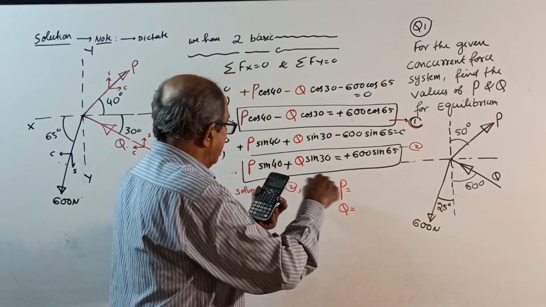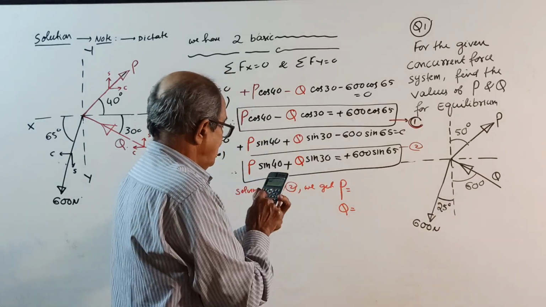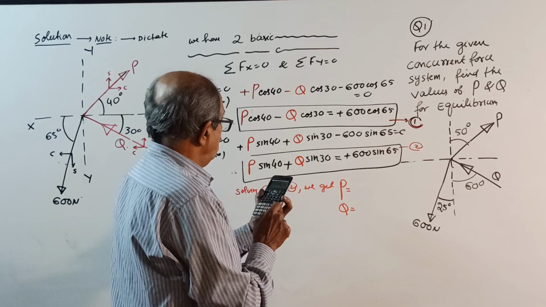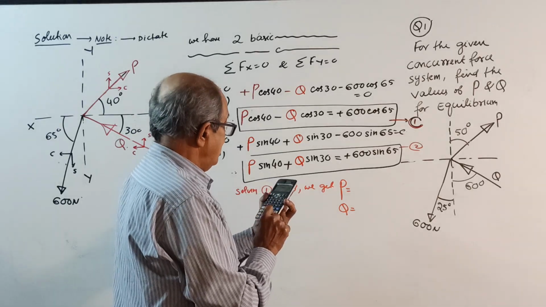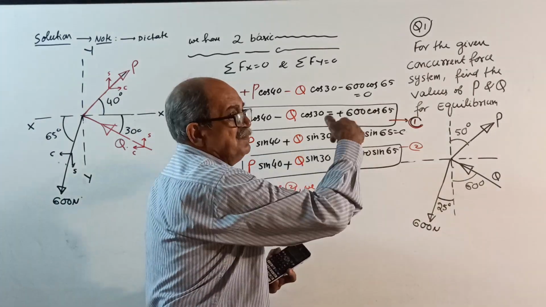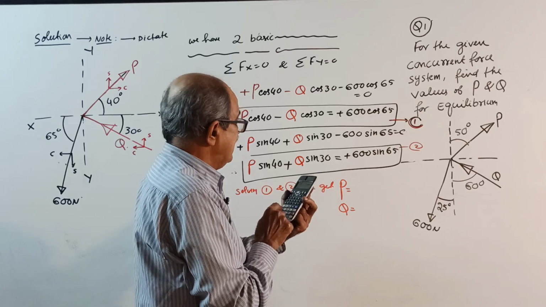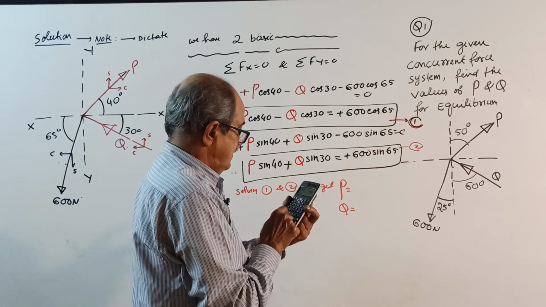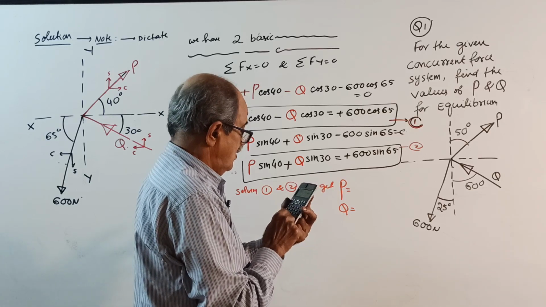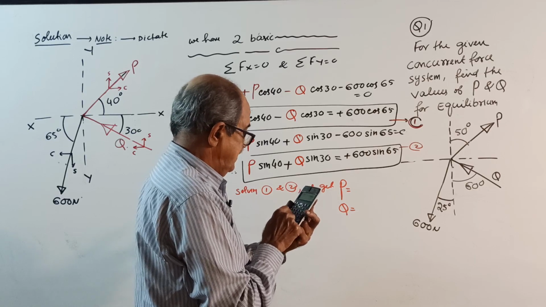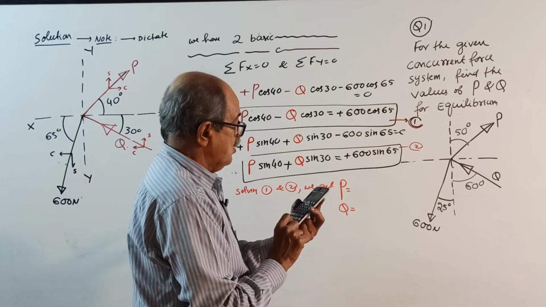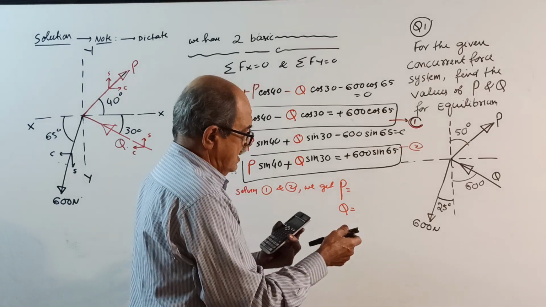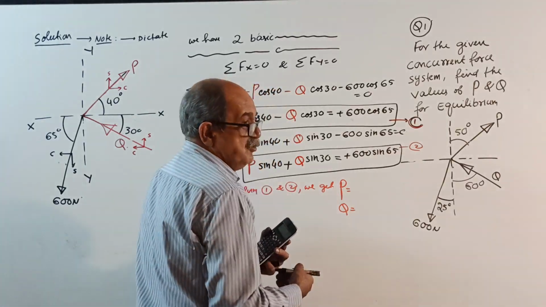Second round, it will ask sin 40 equal to, next sin 30 equal to, again the minus becomes plus on that side. So plus 600 sin 65, equal to. Then put equal, it will give the answer now.